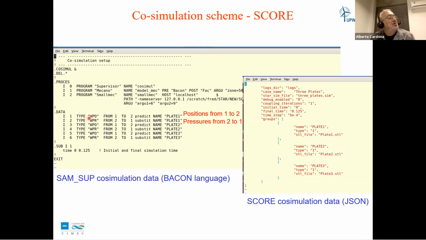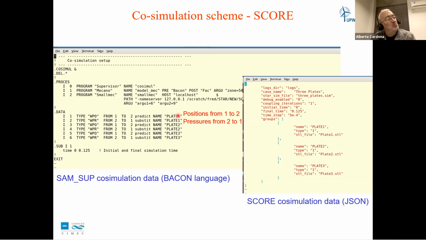And here we are telling that we should send from 1 to 2, that is from Meccano to small mech, the positions for plate 1, and we should send back pressures from the small mech to Meccano on the object which is named plate 1.